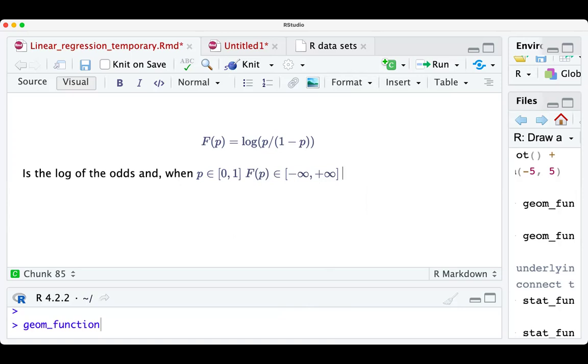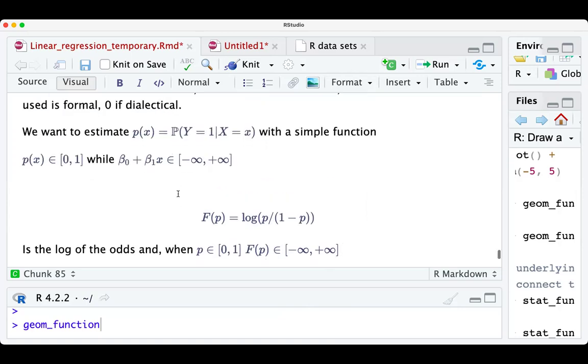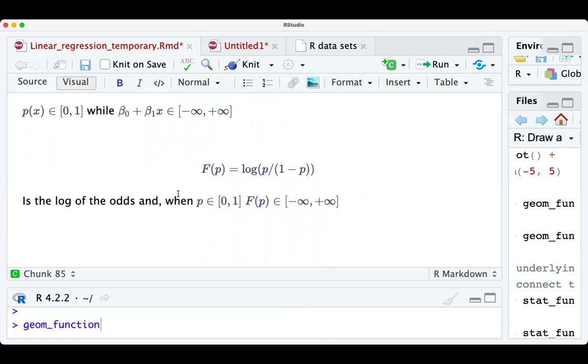So this is the function that we want to estimate with a line.